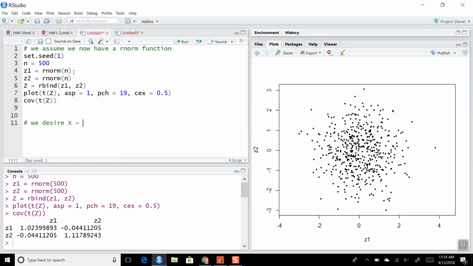Okay, now let's say we desire X to come from norm, and we'll say the mean, I don't know, we can set it to be 3, 4, and then what do we want? We want covariance matrix 1, 0.7, 0.7, 1. Let's do that.